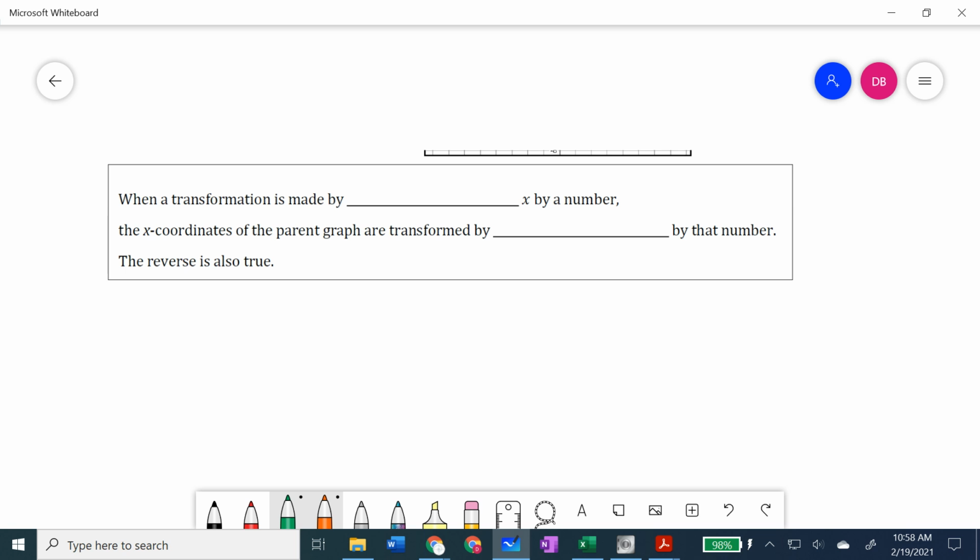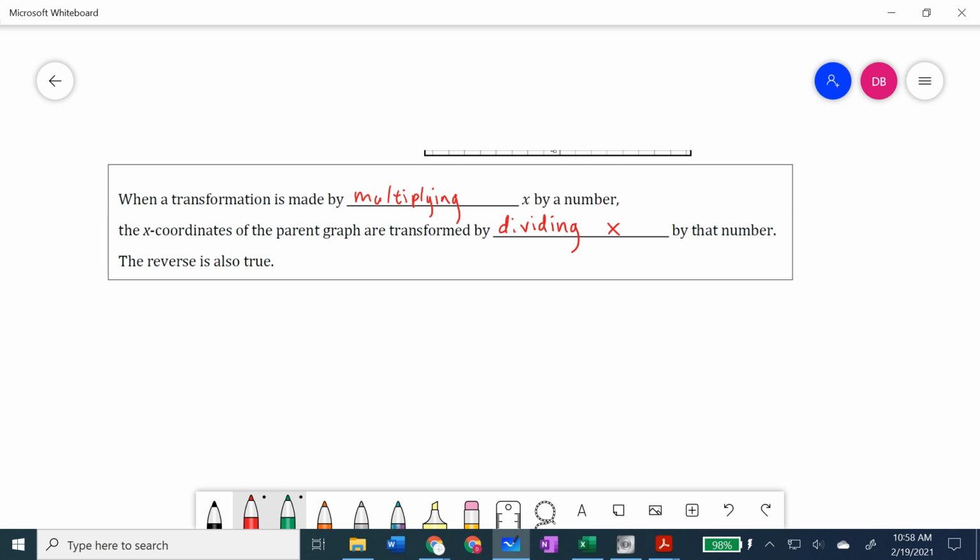When a transformation is made by multiplying x by a number, the x coordinates of the parent graph are transformed by dividing all of the x's by that number.